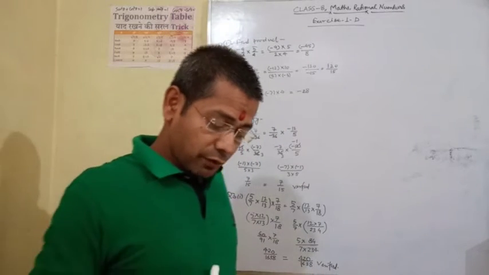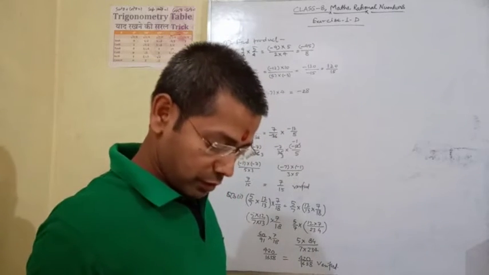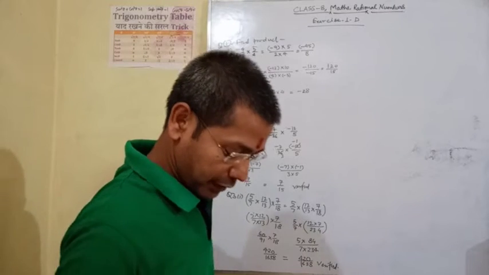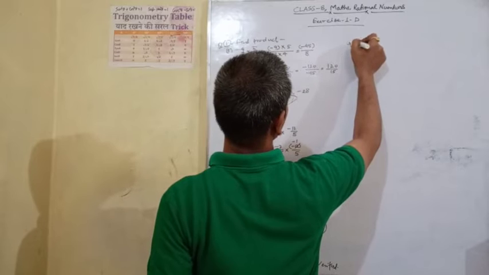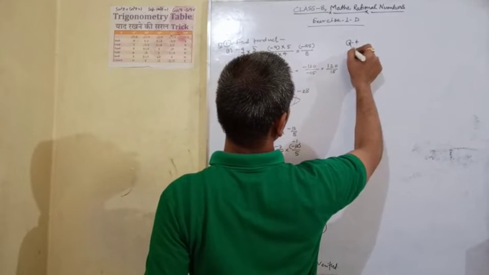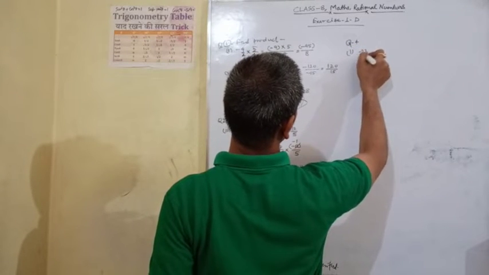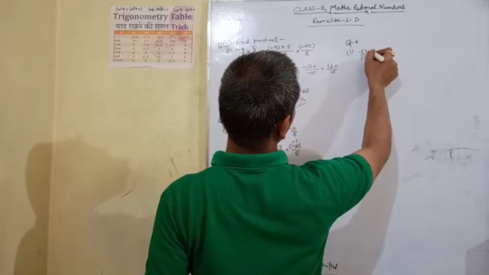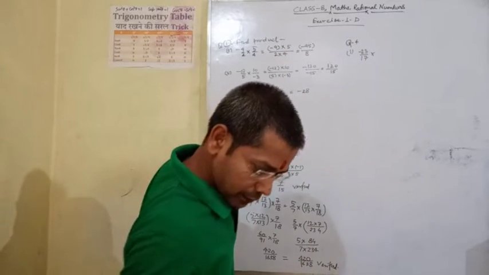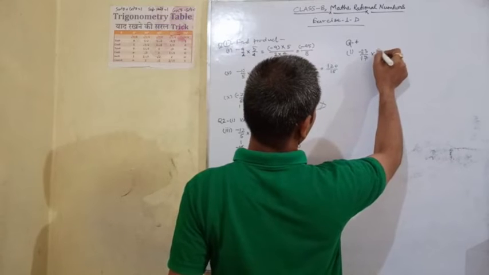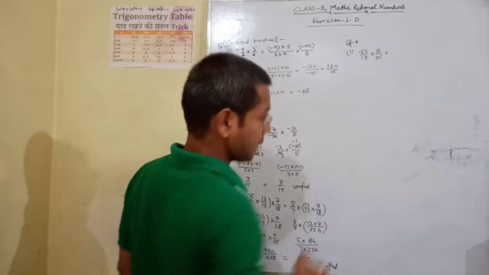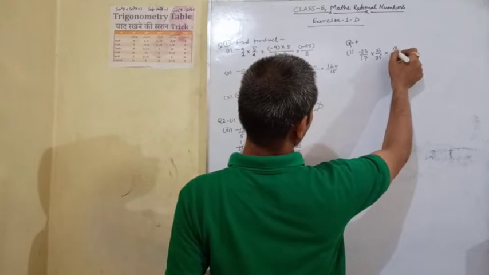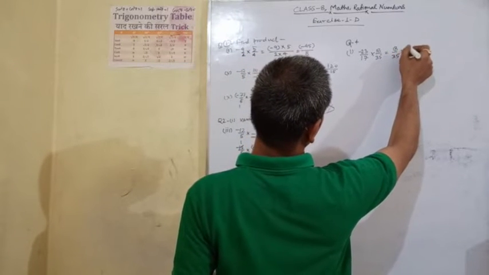Now fill in the blanks. Fourth question. Minus 23 upon 17 multiplied by 18 upon 35 is equal to 18 upon 35 multiplied by something.